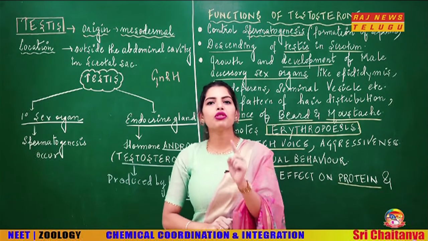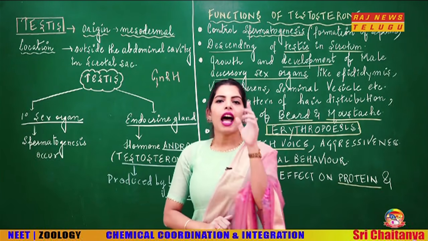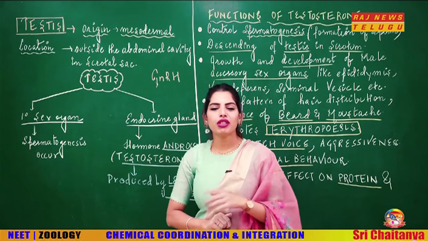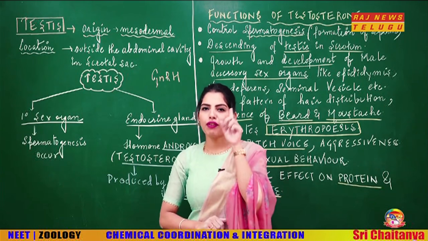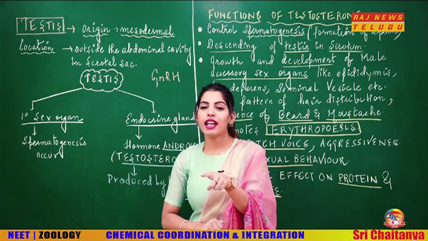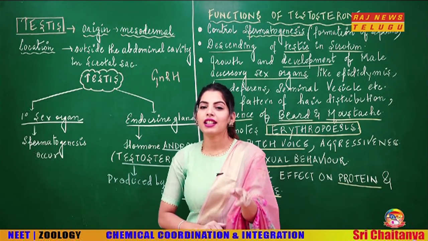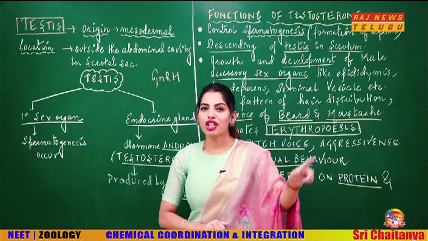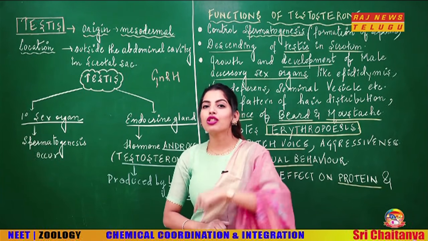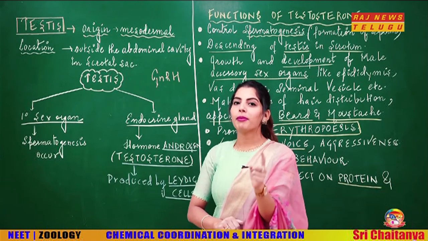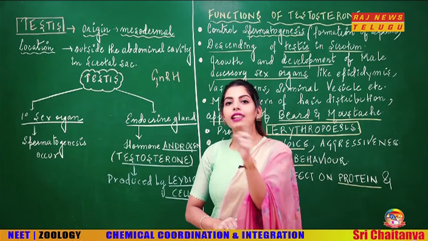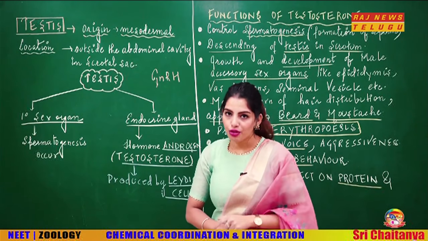This gonadotrophin releasing hormone acts upon your anterior pituitary gland, that produces a hormone, FSH, that is going to stimulate the formation of sperms, and also releases LH, that acts upon Leydig cells, that ultimately produces androgens.